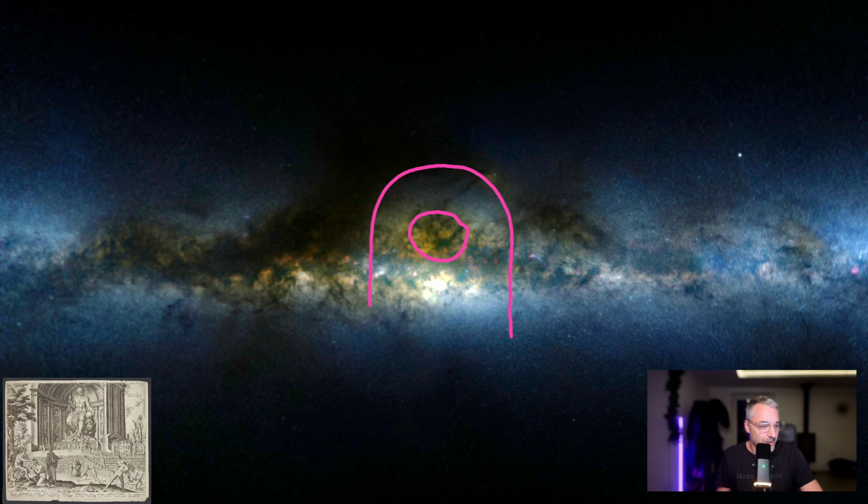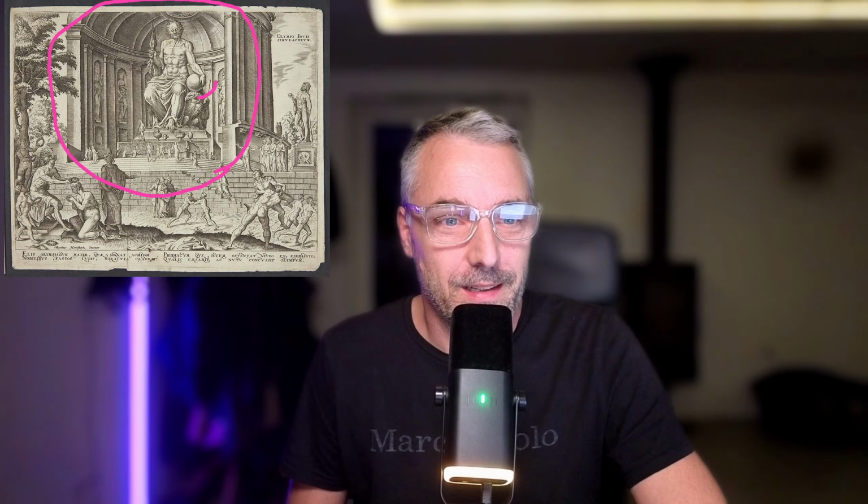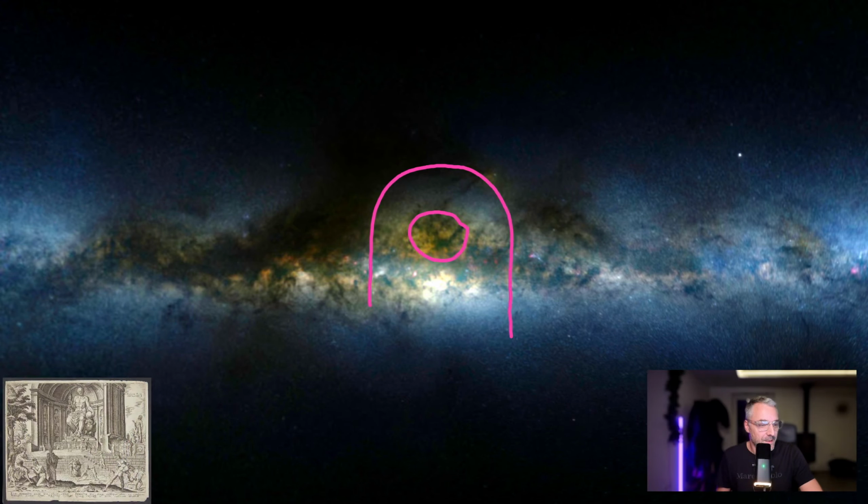And if you note, he got a golden ball in his hand on the drawing here. And this represents the golden disc in the Milky Way center, which is also the Earth in the sky.